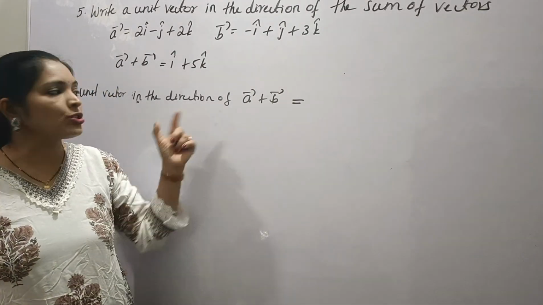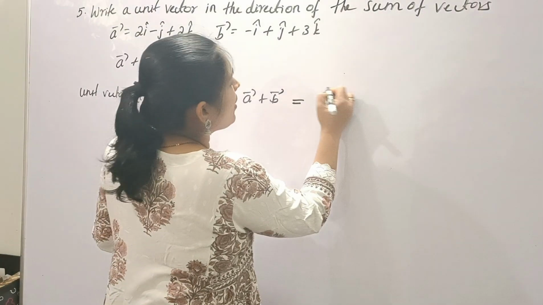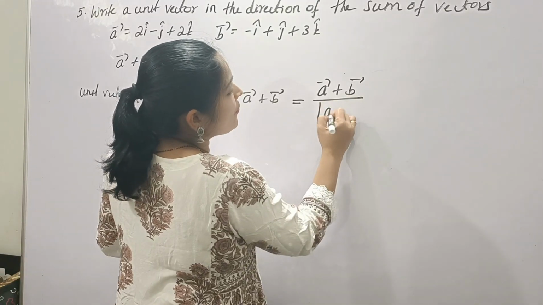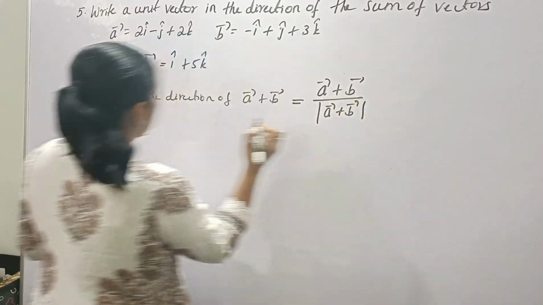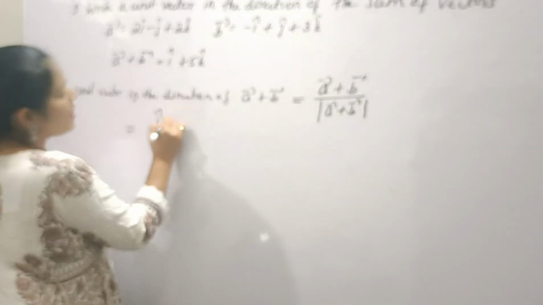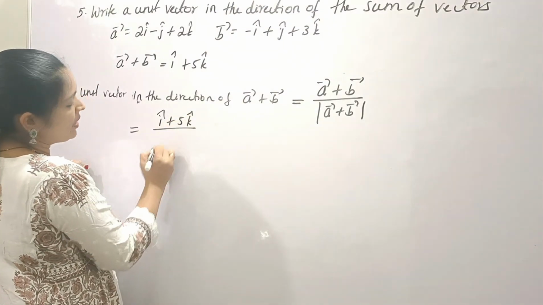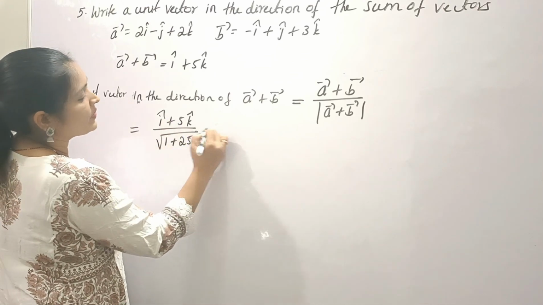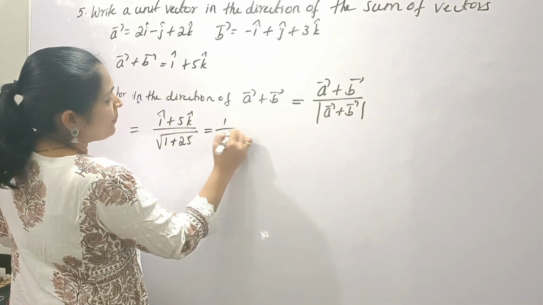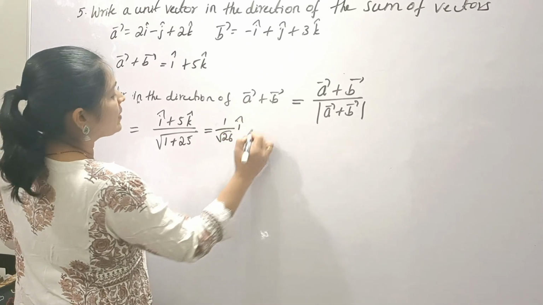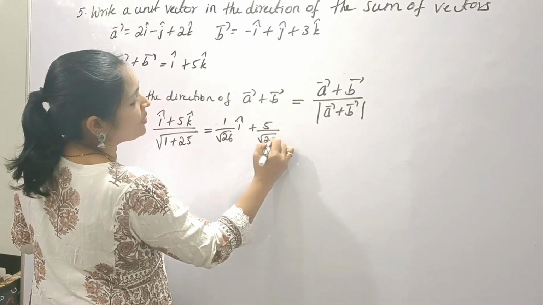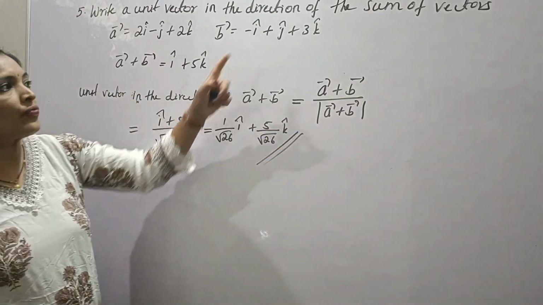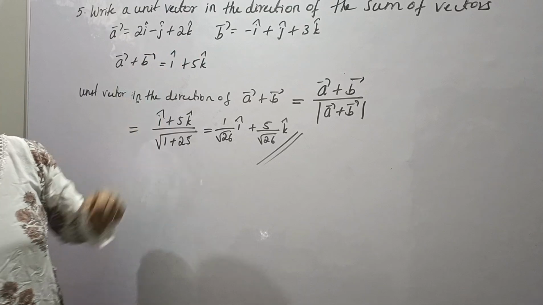So the unit vector of vector A plus vector B is vector A plus vector B divided by modulus of vector A plus vector B. That is equal to i plus 5k divided by root of 1 square, 1, plus 5 square, 25. That is equal to 1 by root 26 i plus 5 divided by root 26 k. So it is the unit vector in the direction of the sum of the given vectors.